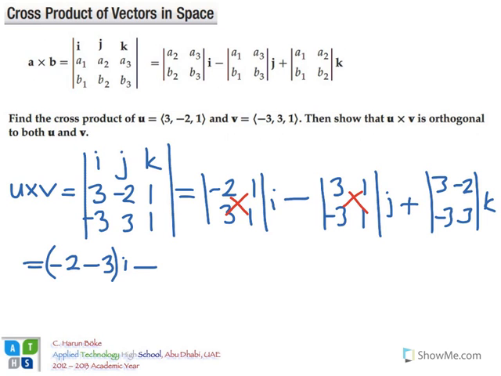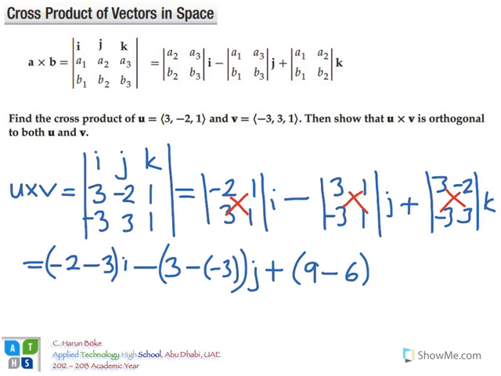For K, I again cross multiply: 3 times 3, which is 9, minus minus 3 times minus 2, which gives you 6, so it will be 3K.